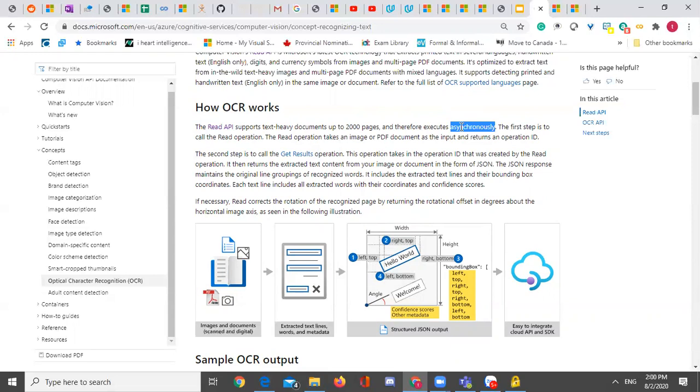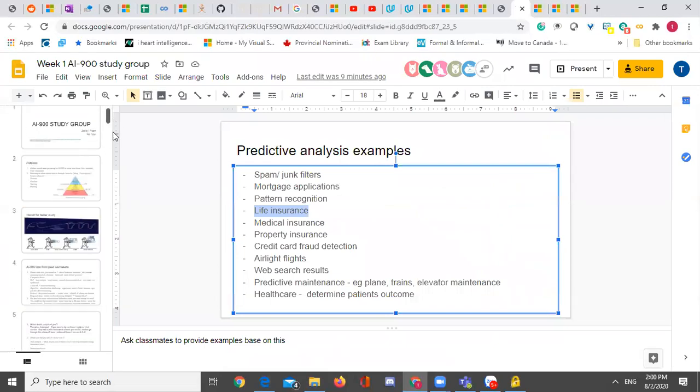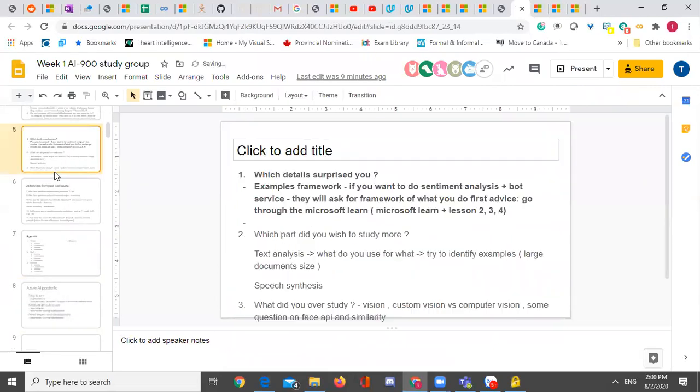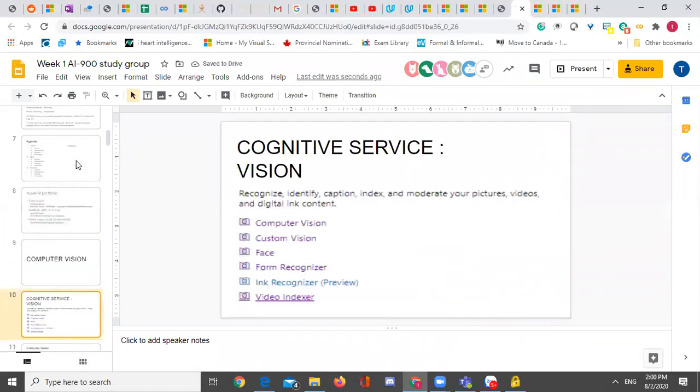You also need to consider whether your document is structured or unstructured. If we have unstructured data, we can use OCR.